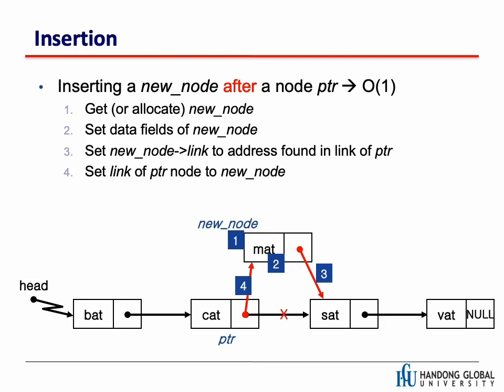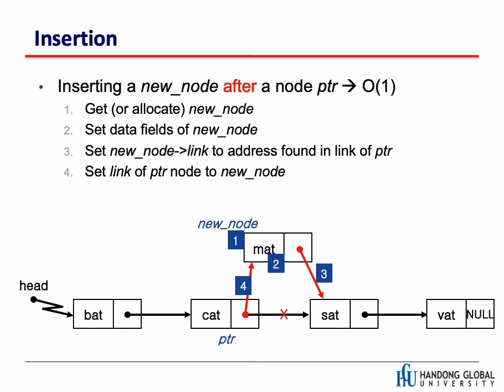So we change the mat link to point to the set node, and then we have to move this PTR link from the set node to the mat node. Now if we follow this linked list from head, we have bat, cat, mat, set, and vet. Cat node is pointing to mat node, and mat node is pointing to set node.